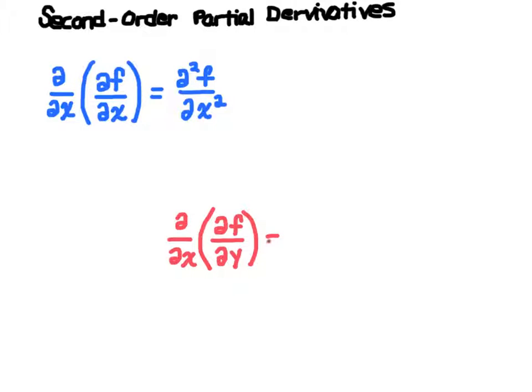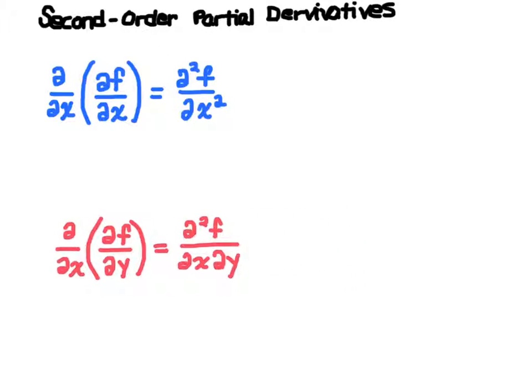And this is equal to the second derivative of f with respect to x and respect to y. And notice here that we're actually going to take the partial derivative first with respect to y and then with respect to x. So let's take that and move that over here.